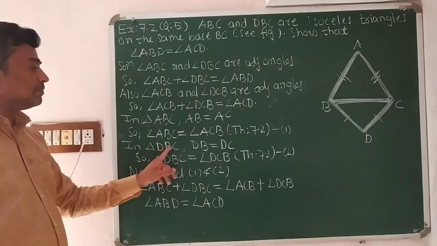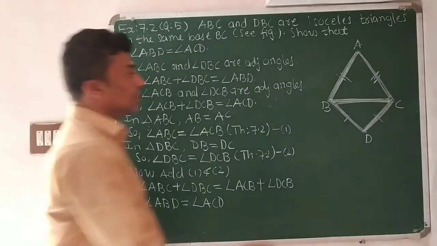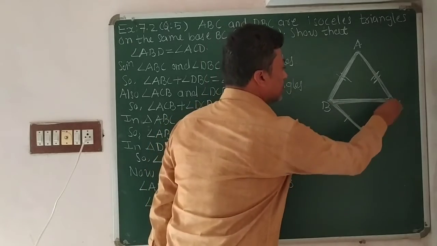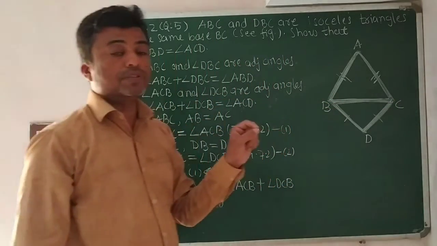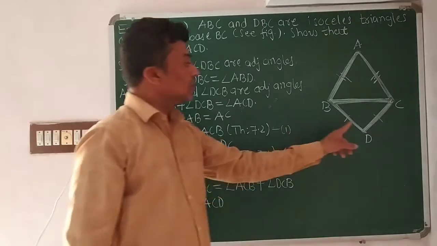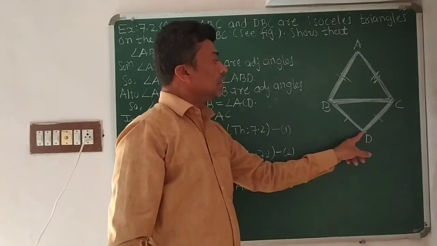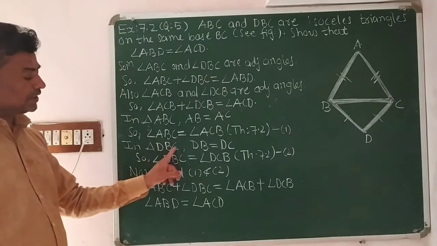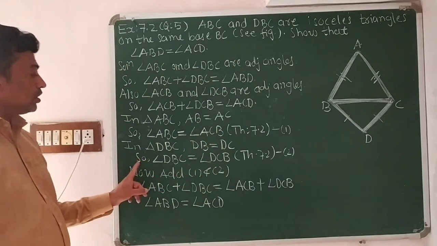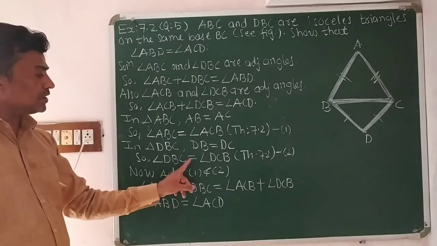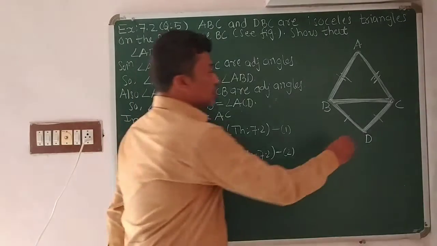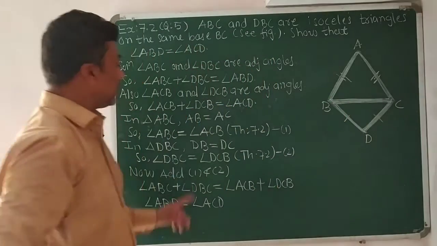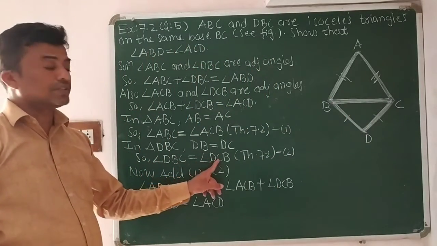Now in triangle DBC, DB is equal to DC, because triangle DBC is an isosceles triangle. So angle DBC is equal to angle DCB. Why is angle DBC equal to angle DCB?